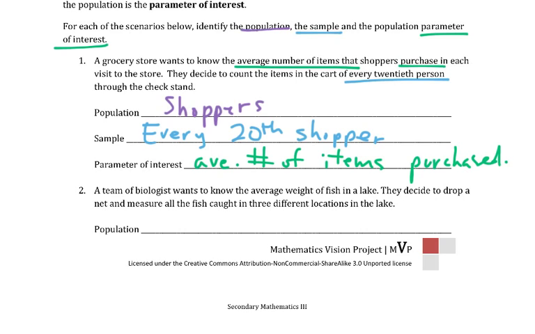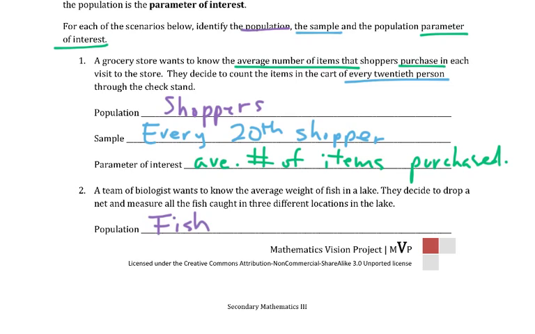Okay, let's take a look at another one. A team of biologists, I'm sure there should have been an S there, want to know the average weight of fish in a lake. They decide to drop a net and measure all the fish caught in 3 different locations in the lake. So, what would be the population? It would be the fish.